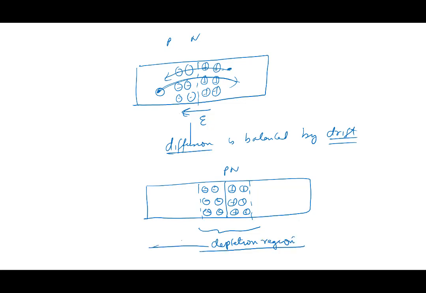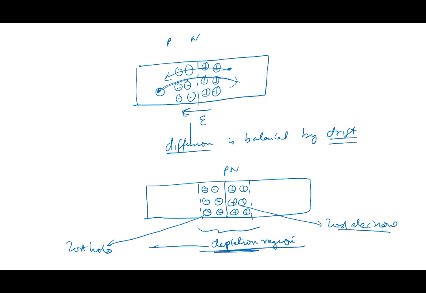Because this region is depleted of carriers. This region has lost its carriers. This region lost its holes, and this region lost electrons. That's why the word depletion. It got depleted. So inside a PN junction, you have this region where there is an electric field, and we call this the depletion region.